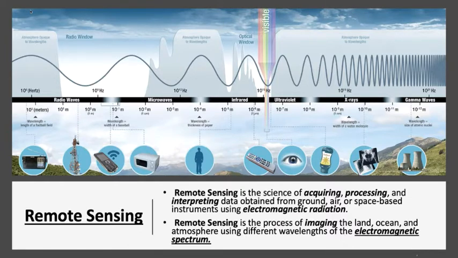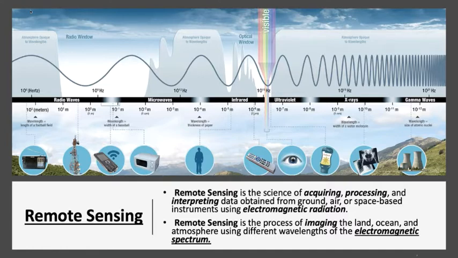Whether it's a radio or cell phone, all those signals are carried by electromagnetic waves. And remote sensing is using these waves to acquire, process, and interpret data from ground, aircraft, or space-based instruments using different wavelengths. You're using this data to understand the processes that are happening at or just below the Earth's surface.